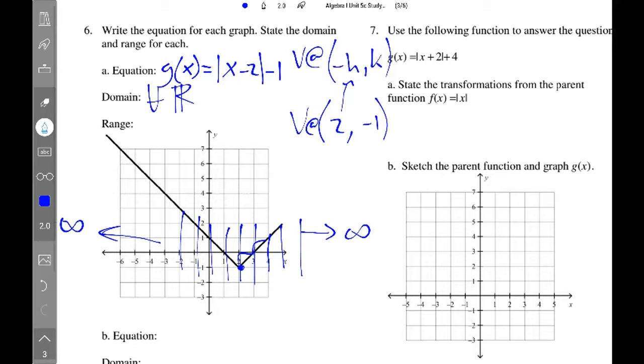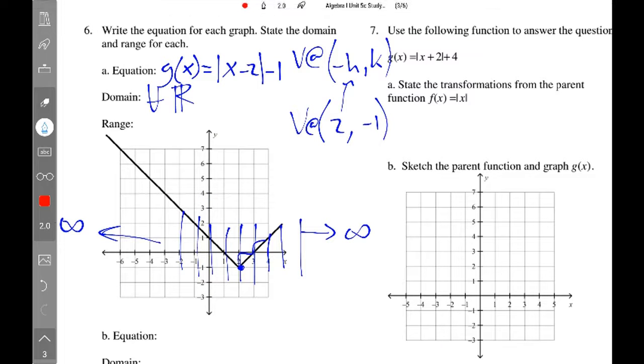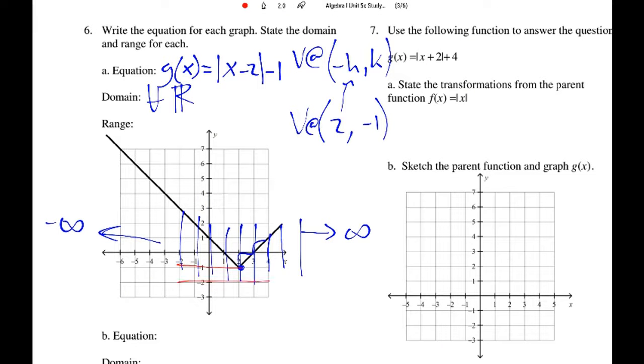For range, on the other hand, remember range is your y's. So as I go down, it stops existing here, down here at negative 1. So negative 1, it exists there, but then as you go up, it keeps existing, and it'll keep existing.